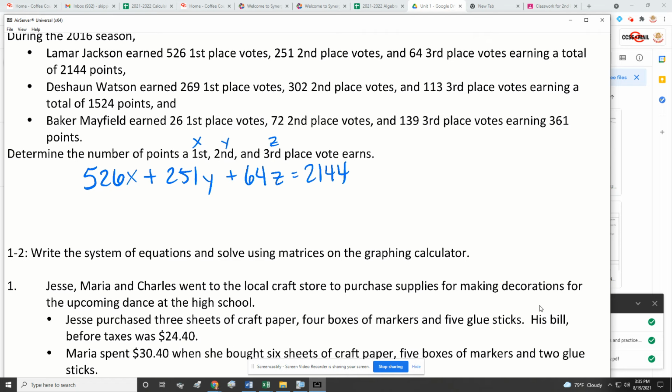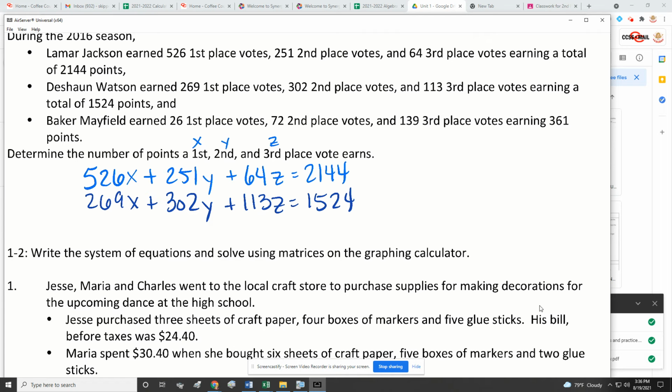Okay, then we'll write an equation for Deshaun Watson. So 269X plus 302Y plus 113Z equals his total number of points.